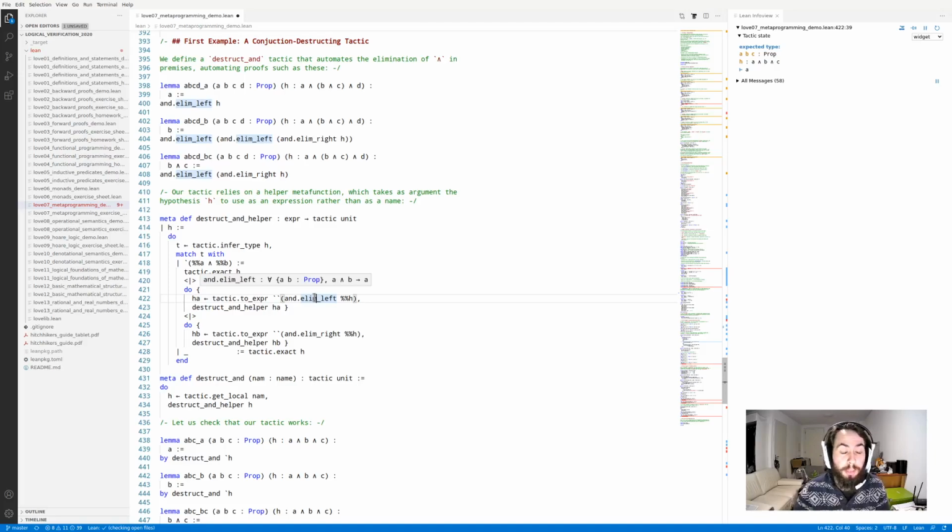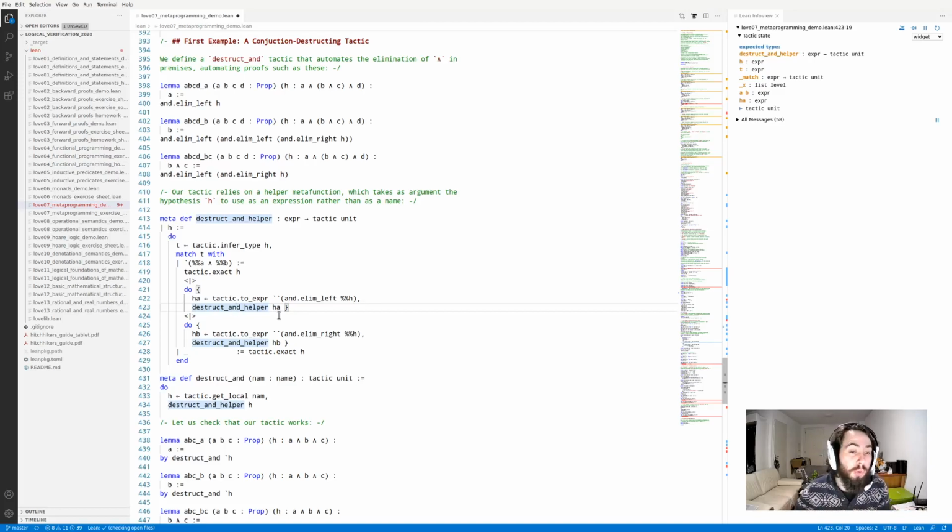And of course we could also restructure the whole thing in order to avoid this. But why would we? Okay, and then this HA is now a proof of A, and then we continue with this proof of A and recurse into it.